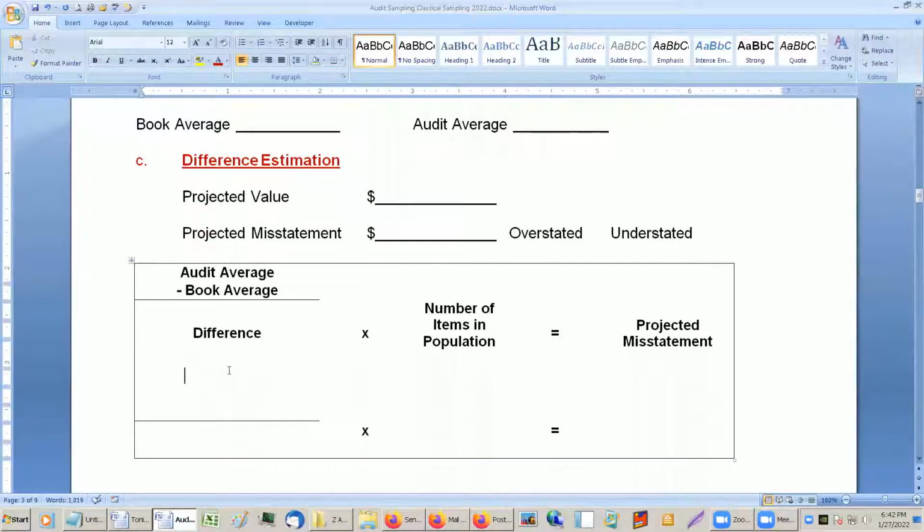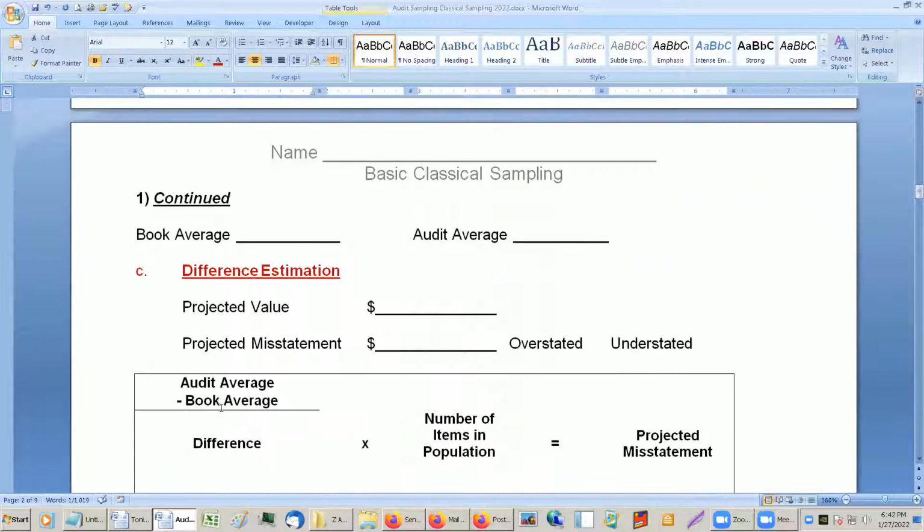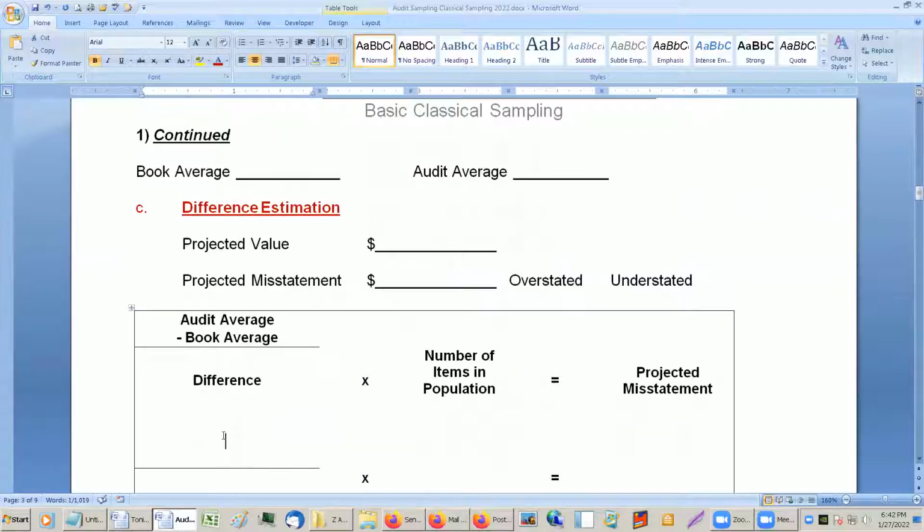Okay, so we start out with the audit amount minus the book amount.